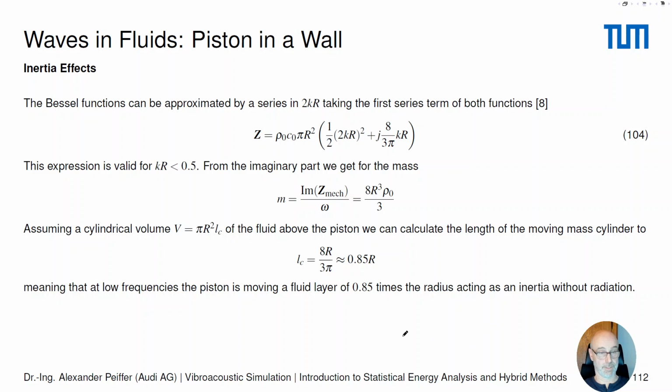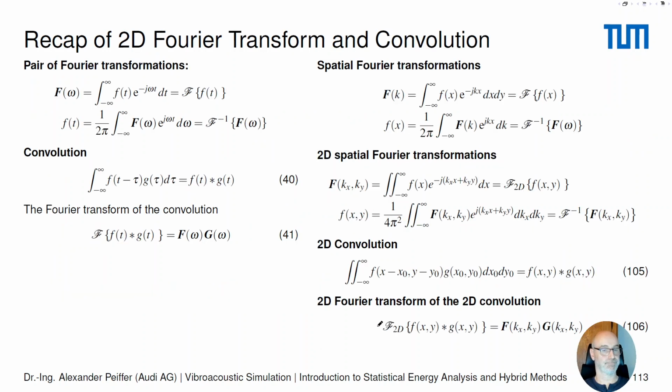Everyone who has experienced a bass chassis or bass loudspeaker can confirm this, because you really feel the airflow, but there's no radiation coming from this airflow. Good. So, so far for simple solutions and specific solutions for the pressure.